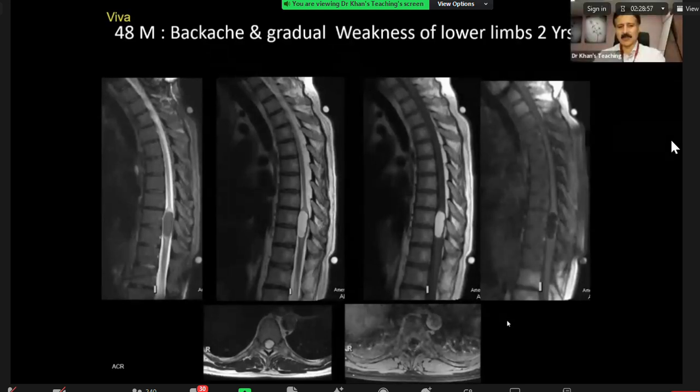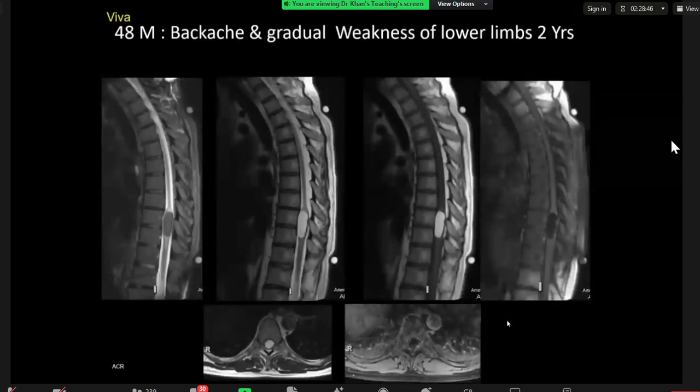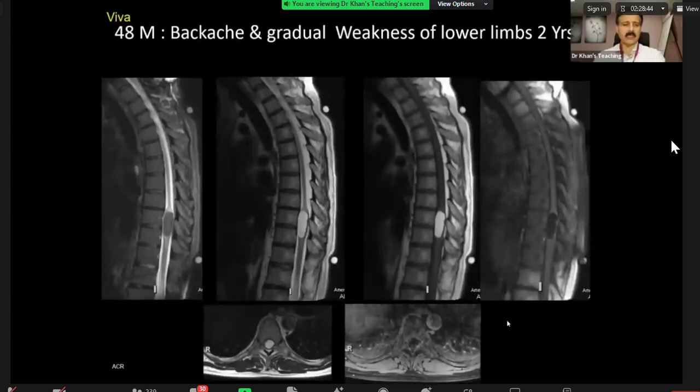So please remember, lipoma will not cause anything, and dermoid can potentially cause what? Rupture. Yeah, so irony is that it's a benign thing and it can kill a person. And if there is a ruptured dermoid, it causes chemical meningitis, and then prognosis is not very good.